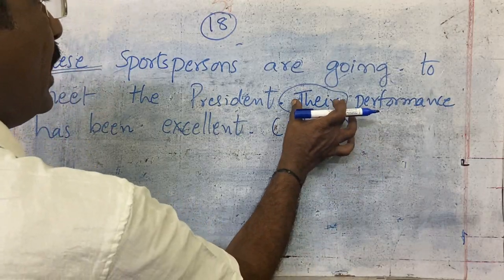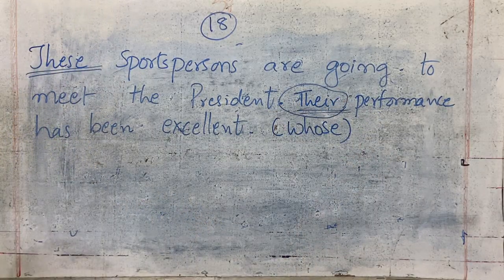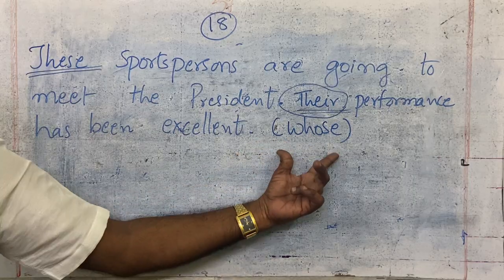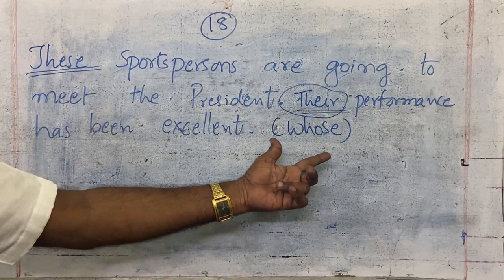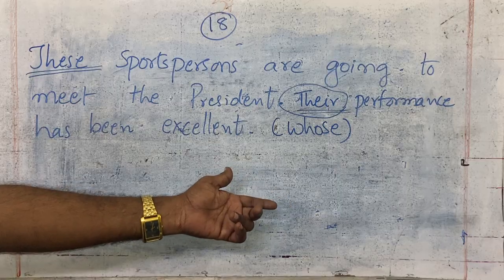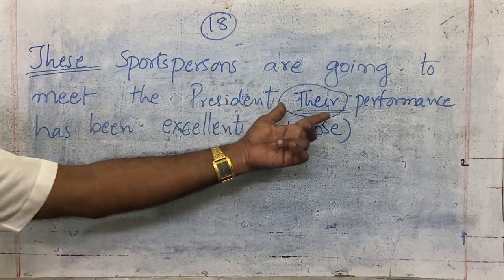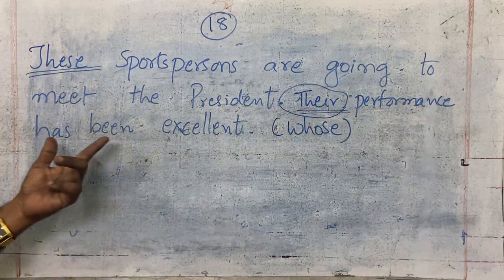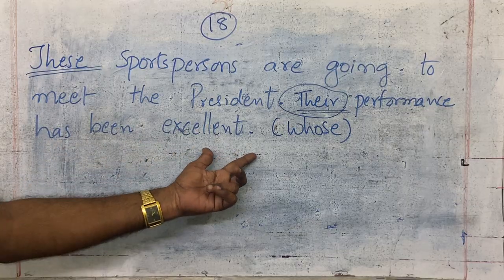So wherever there is a possessive, there you have to take "whose". Obviously, we have to take it there itself. So here, what is given? Whose performance has been excellent.